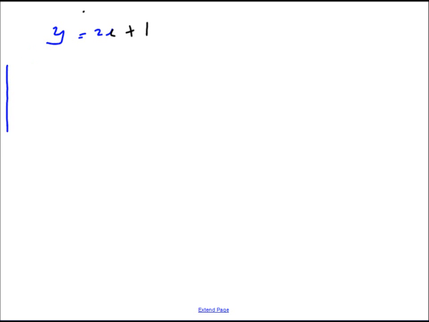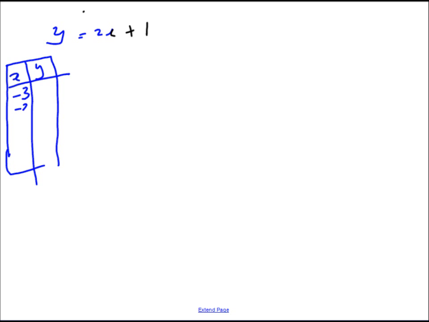Let's make a table of values with x and y, so we'll get a fair idea how to draw our graph. So this is my x and y. I'll choose values between -3, -2, -1. The idea is to get a proper line or whatever this graph would look like.